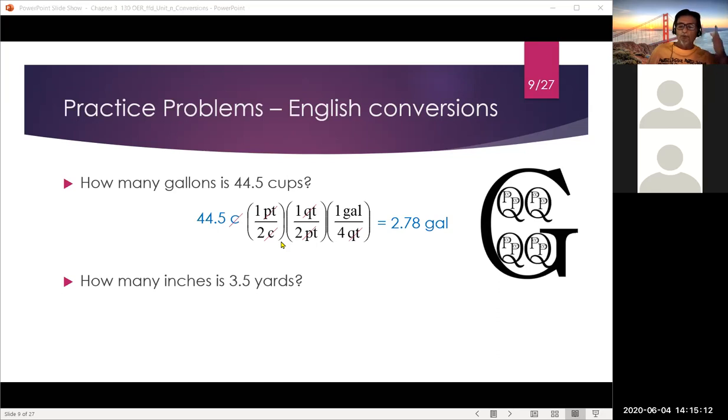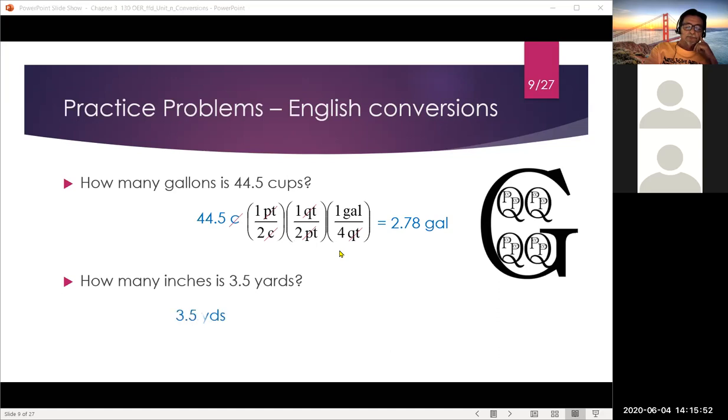If I wanted to make a whole new conversion factor, how many cups would be in 1 gallon? 16, exactly. See, because if you look at just those 3 factors in there, the quarts cancel, the pints cancel, leaving me behind 1 gallon per 16 cups. Okay, so 4 times 2 is 8, times 2 is 16. So there's another factor right there you can use, and that factor would be fine. Okay.